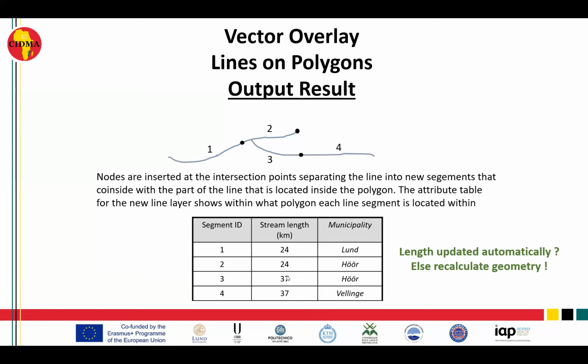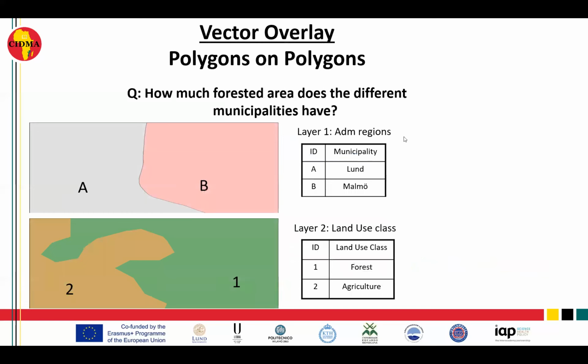And then if I want, I can recalculate the geometry in order to get the correct length for the different segments. So that's how a line on polygon overlay works. Quite many steps, but the program will solve it quite quickly.